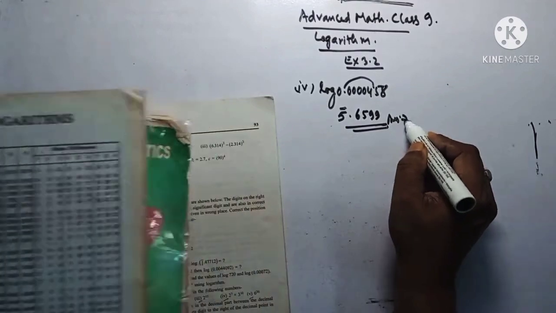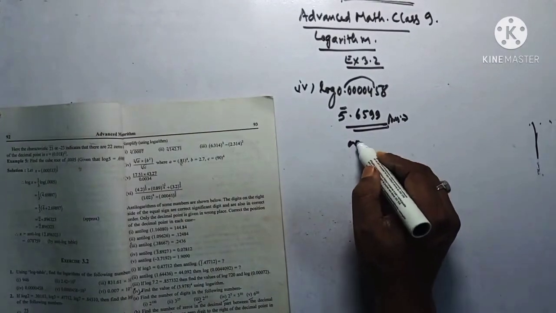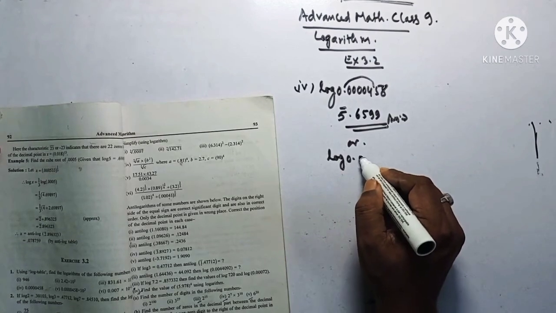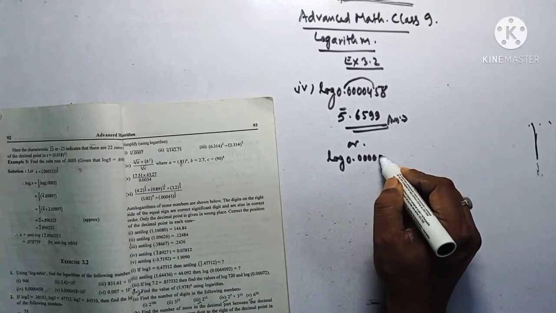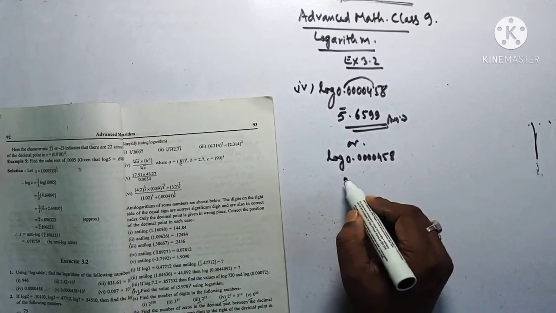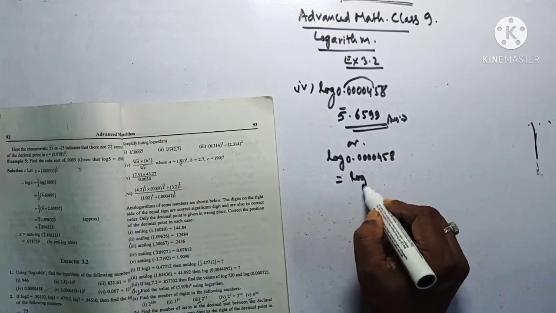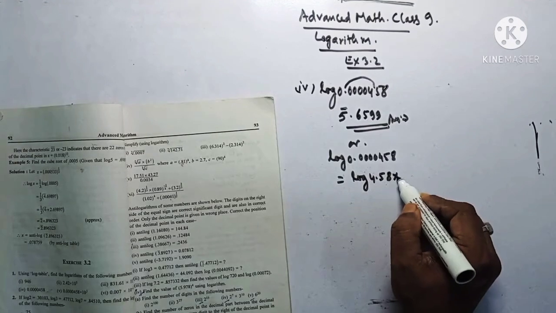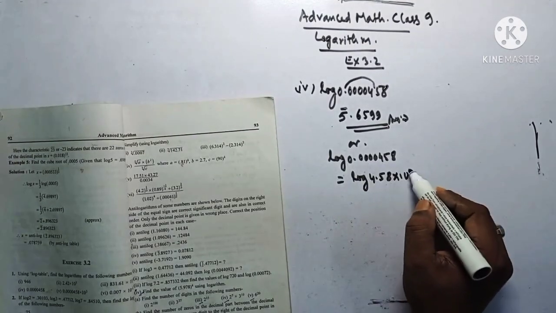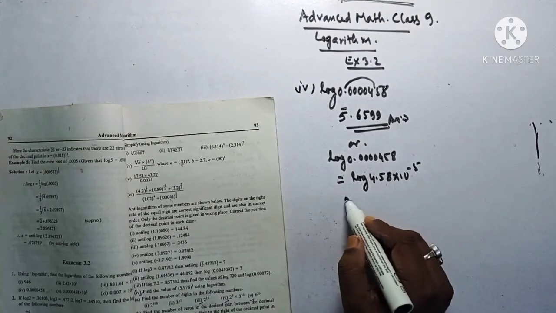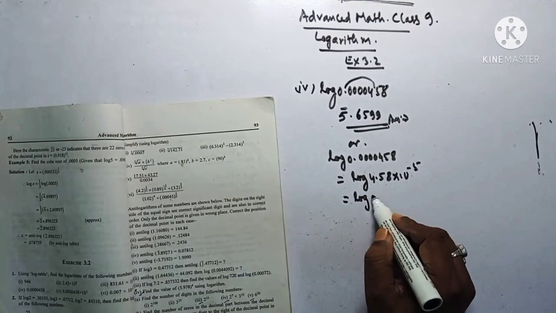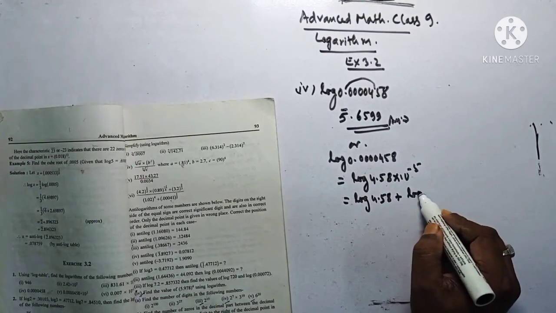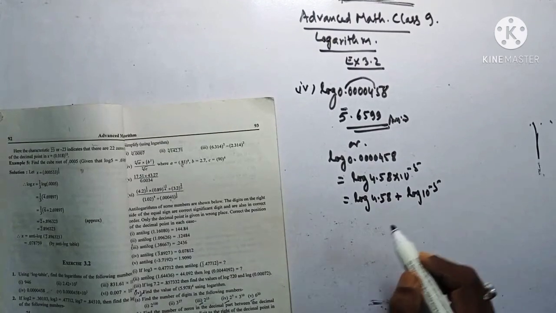And if you have any problem, you can also solve it in this way, that is log 0.0000458. This can be written as log 4.58 into 10 to the power of minus 5. So this will be equal to log 4.58 plus log 10 to the power of minus 5.